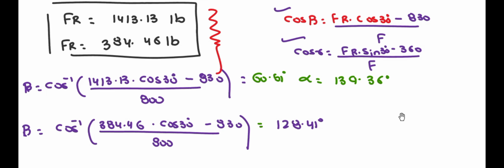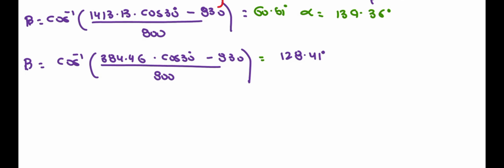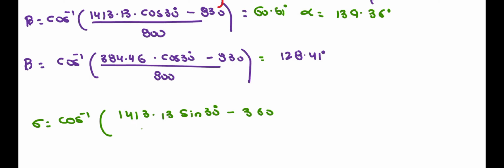Now what about the value of gamma? Gamma is equal to cos inverse of 1413.13 dot sine 30 degree with negative 360 upon 800.